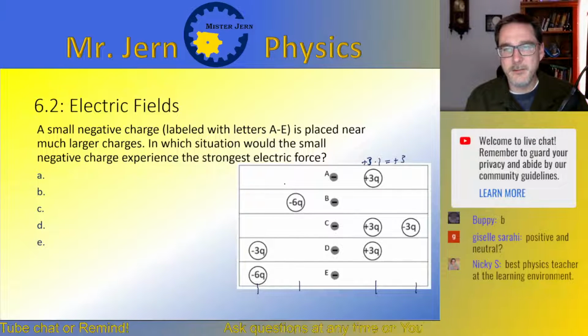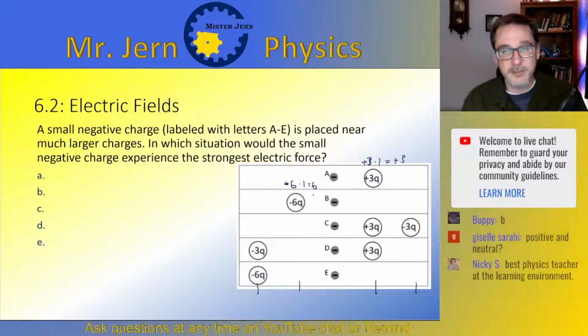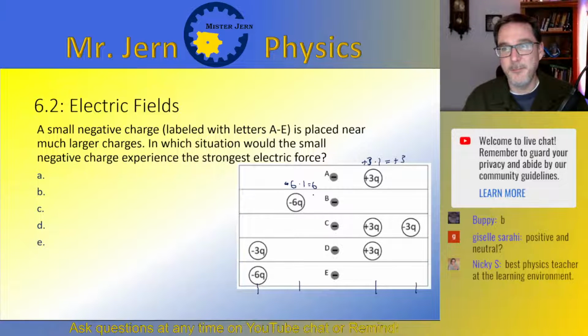Letter B, there's nothing over here. This is a -6 over here. Let's just get some numbers first. So -6, and it's 1 unit away, so let's just call it times 1. We're not really going to worry about the negatives at this point. So this one experiences a force of 6 units of force.